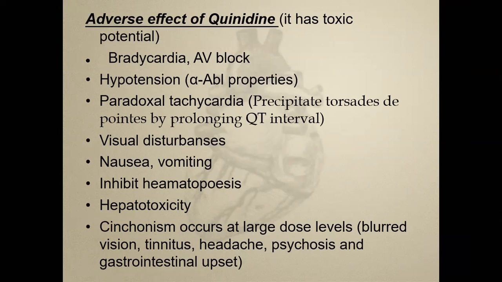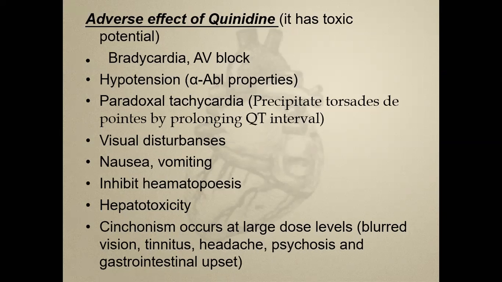Quinidine is the prototype of this group, and this drug has many different toxic effects. It inhibits action of the heart, and as a result there will be bradycardia and AV block. And this drug has alpha-adrenergic blocking properties, and as a result there will be hypotension.